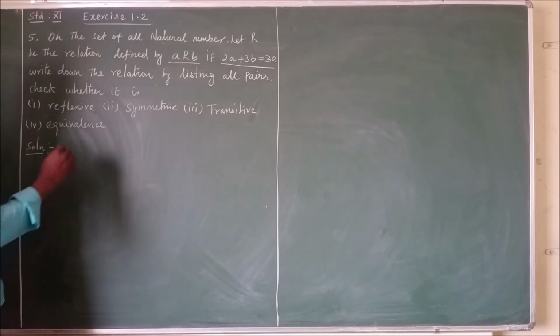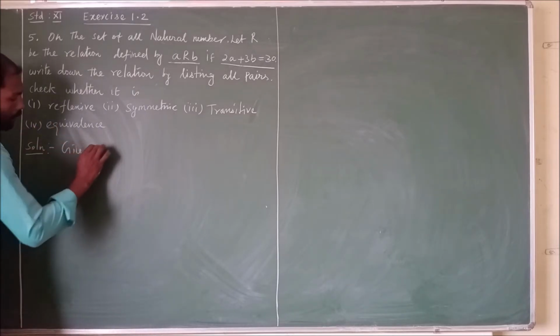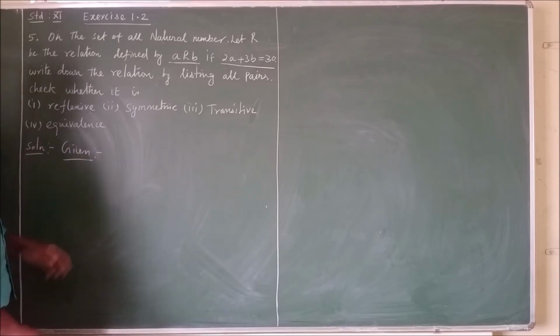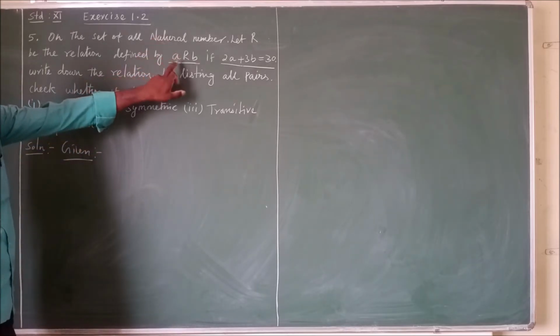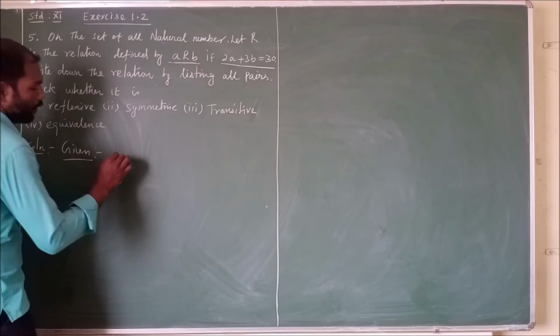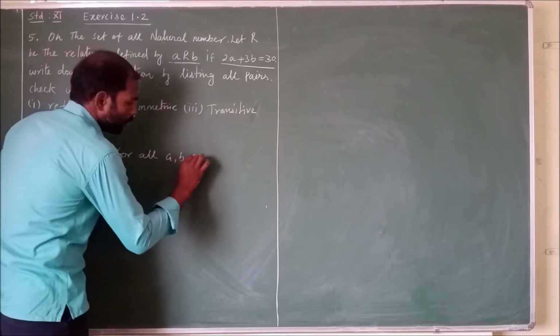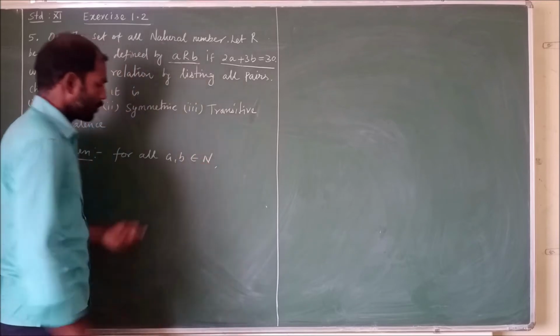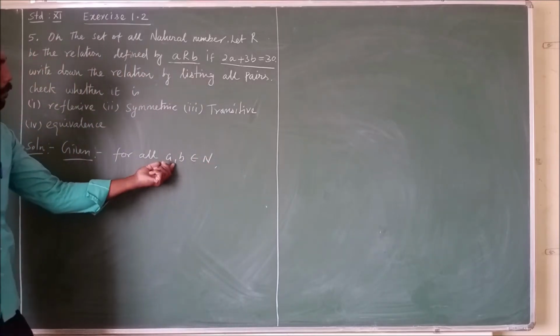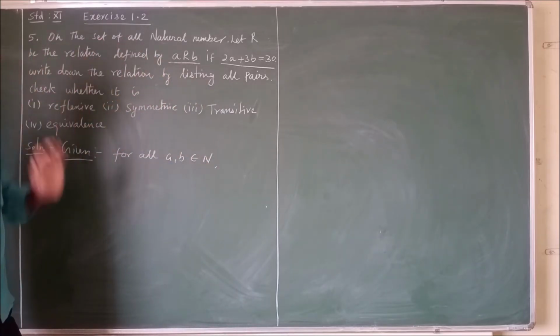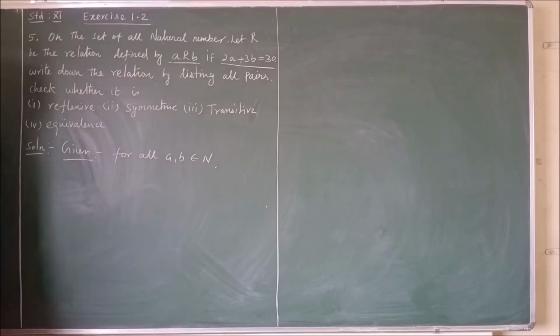So what data is given? The set of all natural numbers, for all A, B belongs to N. This is the given data.